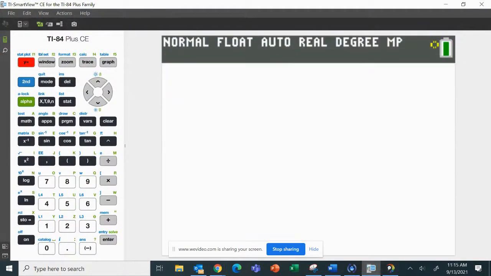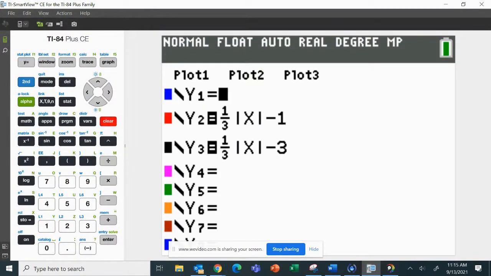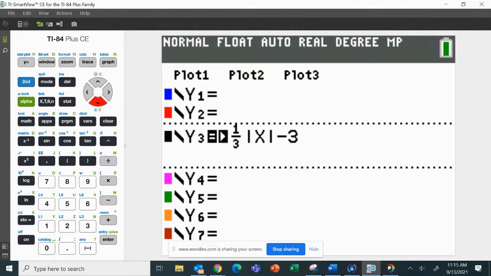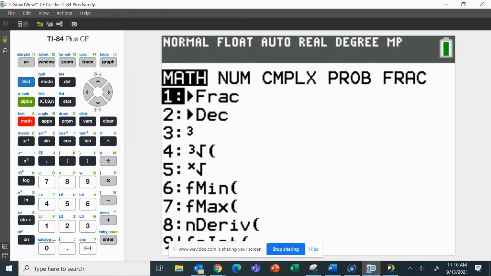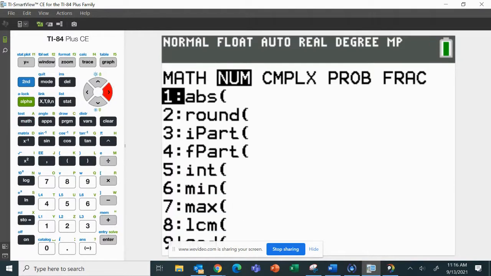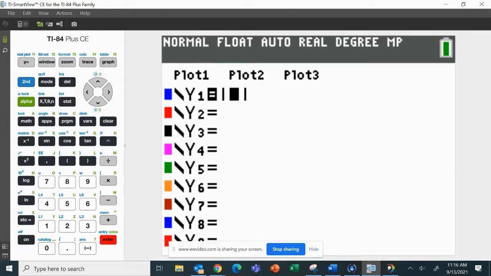I'm going to use the absolute value of x minus 6 as my original because I feel pretty confident that that part's correct, because all we had to do was move that one down 6. So that one I feel pretty good about.